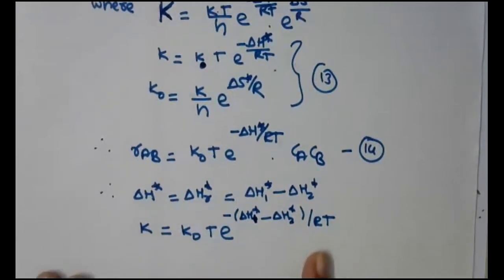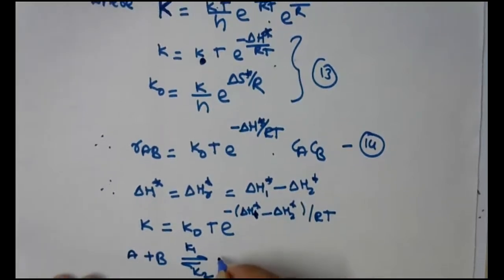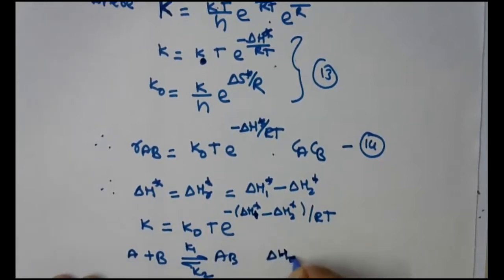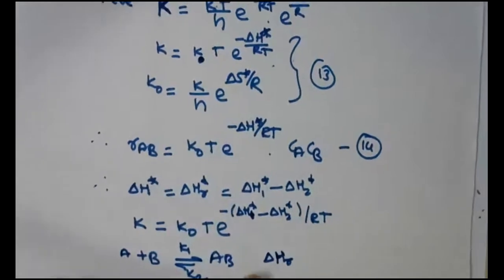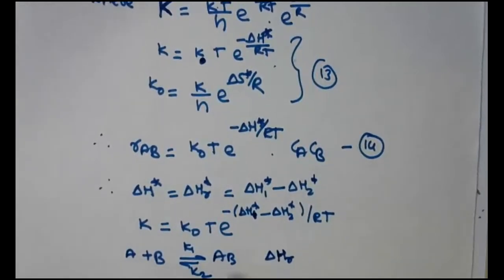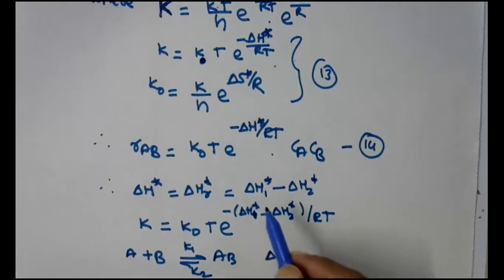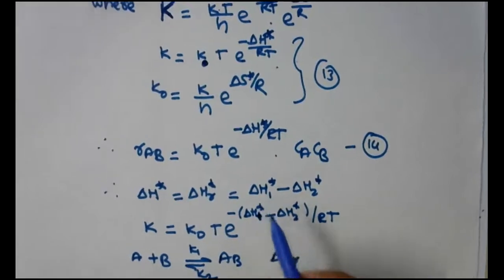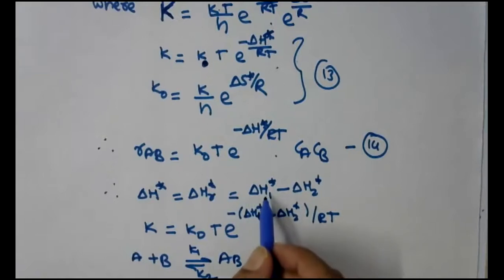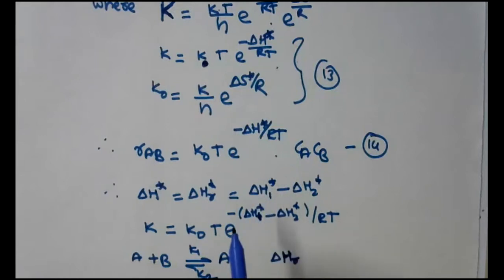If you remember, the reaction we wrote in the beginning was A plus B reversibly gives AB, and the heat of reaction was given as delta HR, and therefore the heat of reaction for a forward reaction delta H1 star, or enthalpy change for the forward reaction delta H1 star, enthalpy change for the reverse reaction delta H2 star.